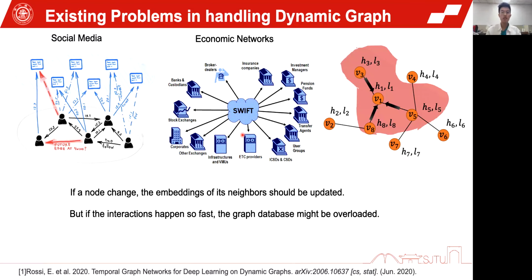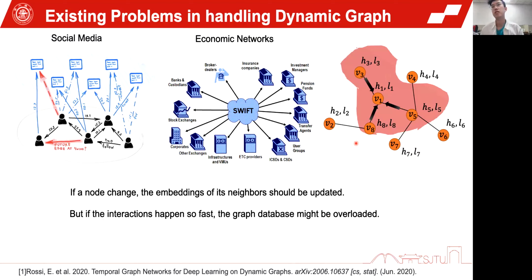So in this dynamic graph, if a node is changed or involved in a new interaction, then the embeddings of the related nodes should be updated. But the thing is that if the interactions happen so fast, then the database might be overloaded.